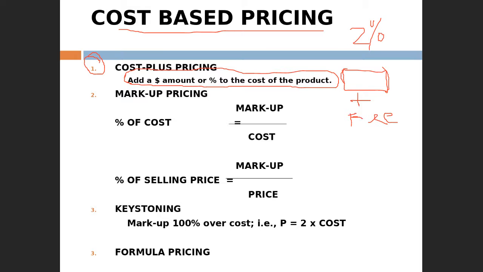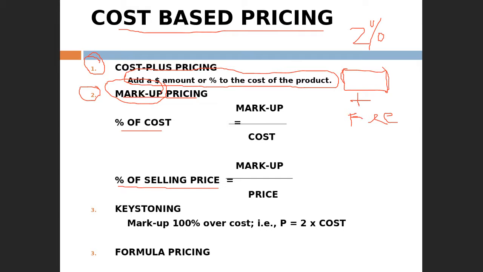The second option you have is known as markup pricing. You can express this markup as a percentage of cost, and you can express this markup as a percentage of selling price. Let me give you an example. Can you see this that I'm holding in my hand? This is a clicker that I use when I'm using Zoom and PowerPoint.